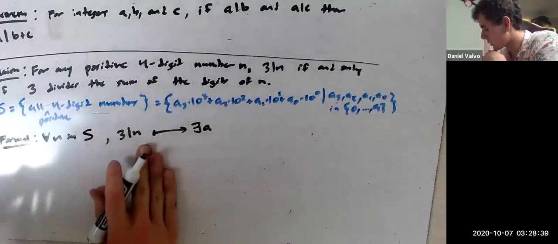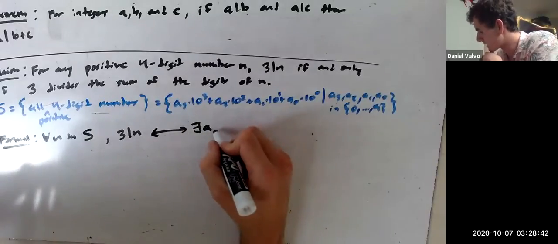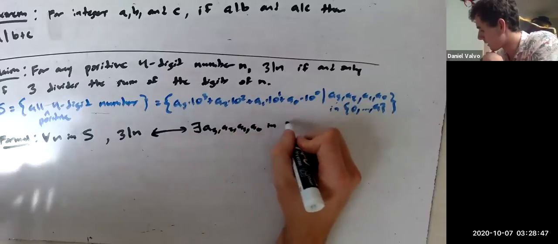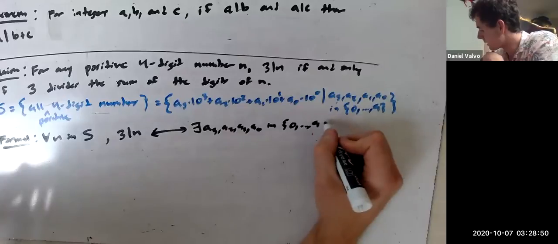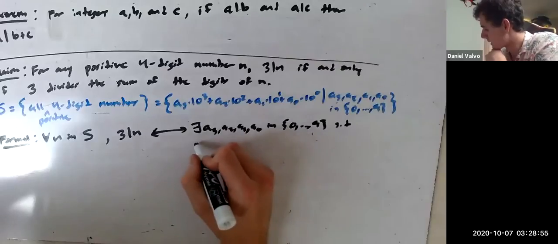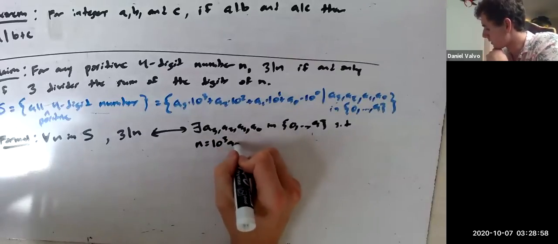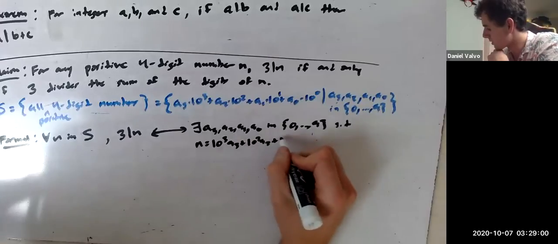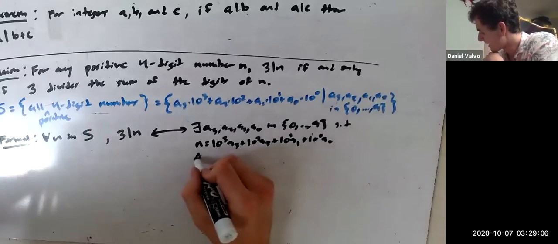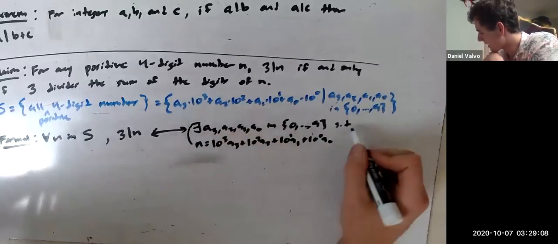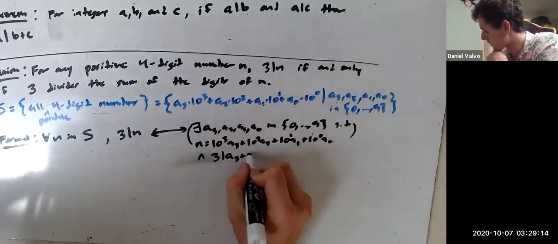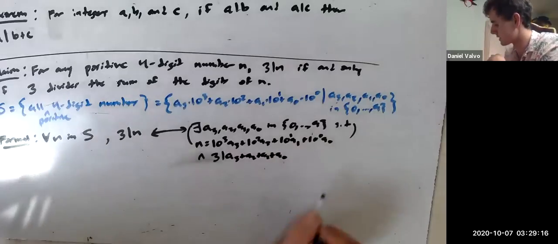For all n in S, 3 divides n if and only if there exists A3, A2, A1, A0 in 0 to 9 such that n equals 10 cubed A3 plus 10 squared A2 plus 10 to the 1 A1 plus 10 to the 0 A0, and 3 divides A3 plus A2 plus A1 plus A0.